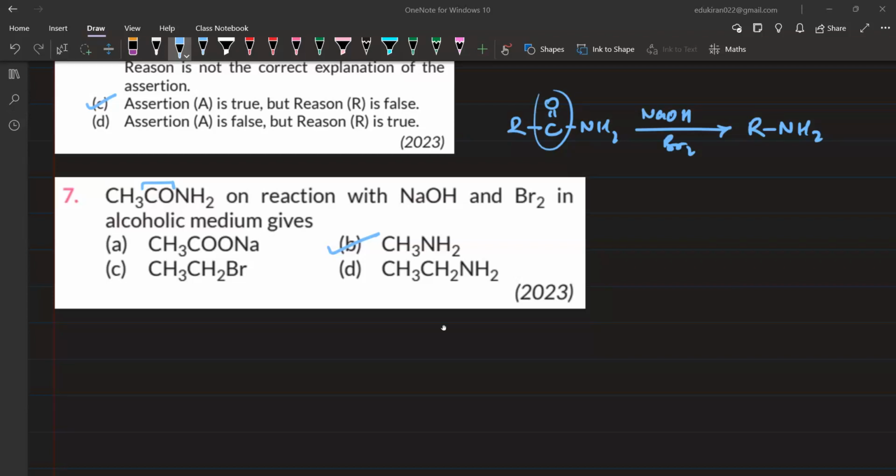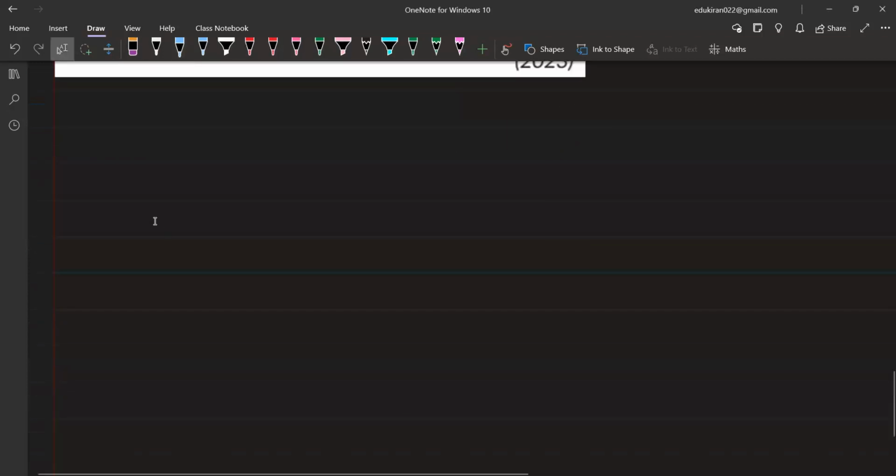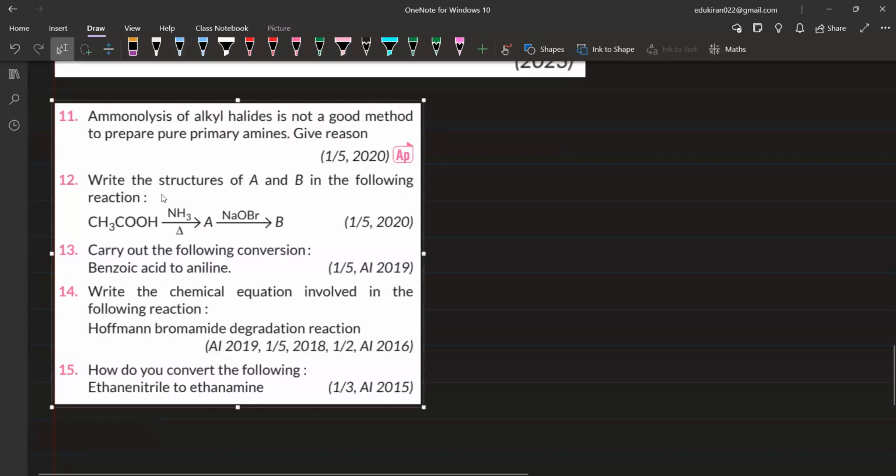Now moving on, are there any MCQs that we can have? Ask questions. Now we have already seen this. Ammonolysis of alkyl halide is not a good method to prepare pure primary amines.